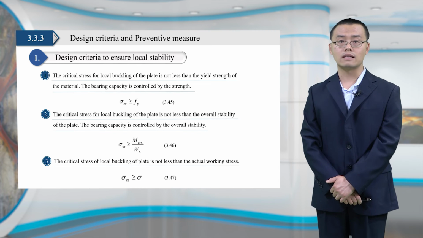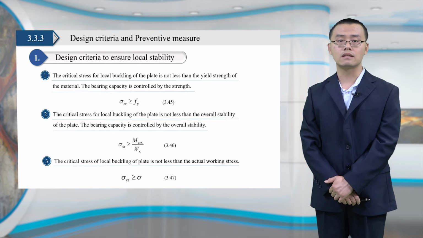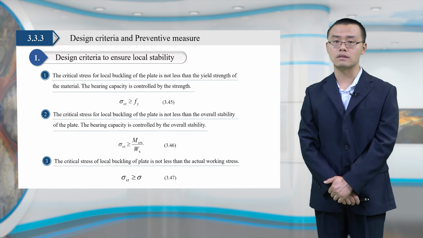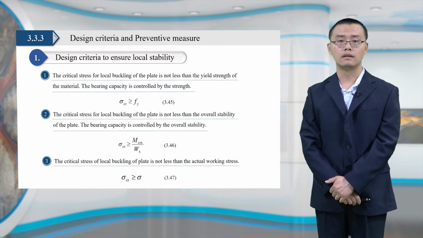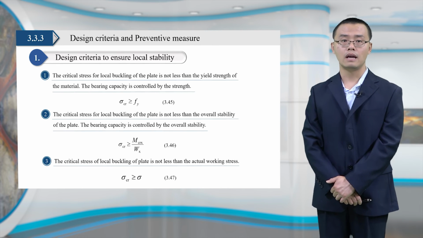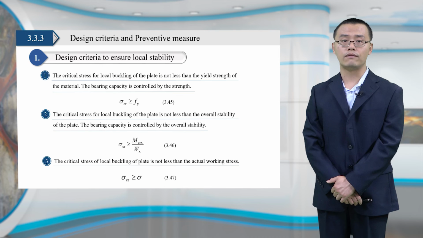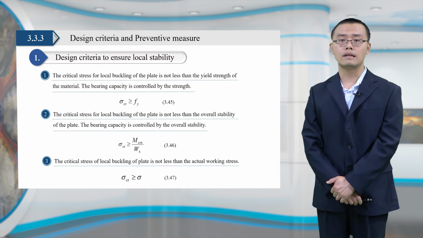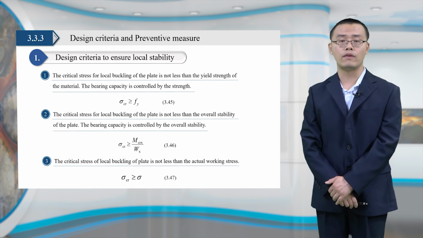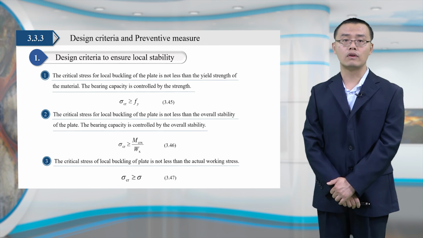Second, the critical stress for local buckling of the plate is not less than the overall stability of the plate, and the bearing capacity is controlled by the overall stability as in formula 3.46. Third, the critical stress of local buckling of the plate is not less than the actual working stress as in formula 3.47.